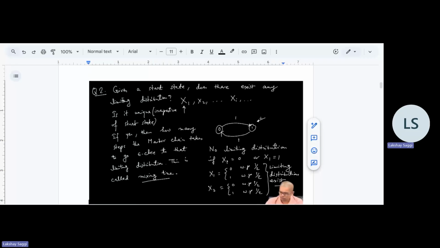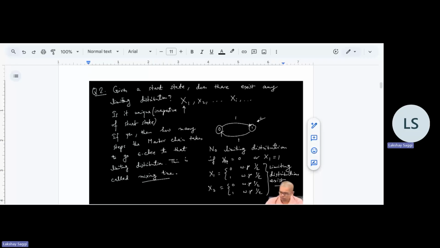So if we now take the initial state as something different, then we see that the limiting distribution actually exists for this Markov chain. So the existence of a limiting distribution is closely related to the initial state, or the initial distribution, which you choose.